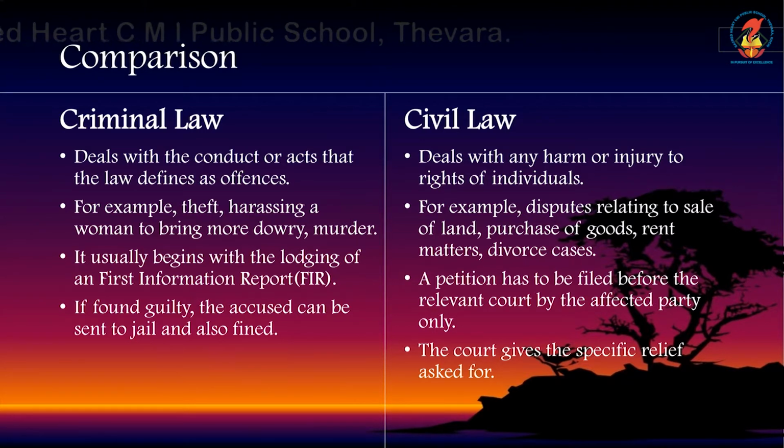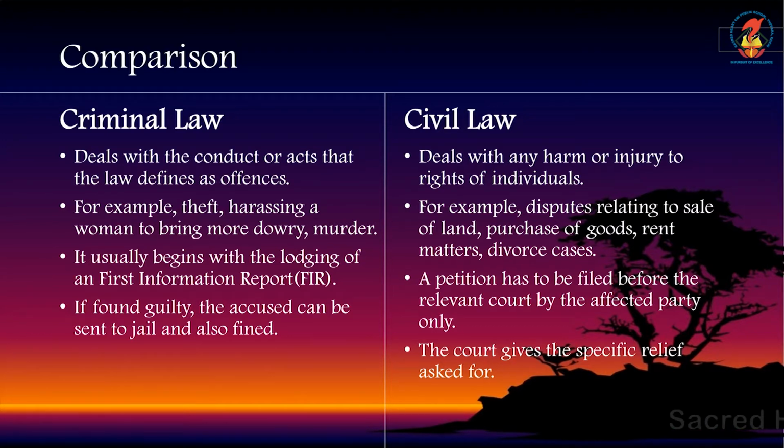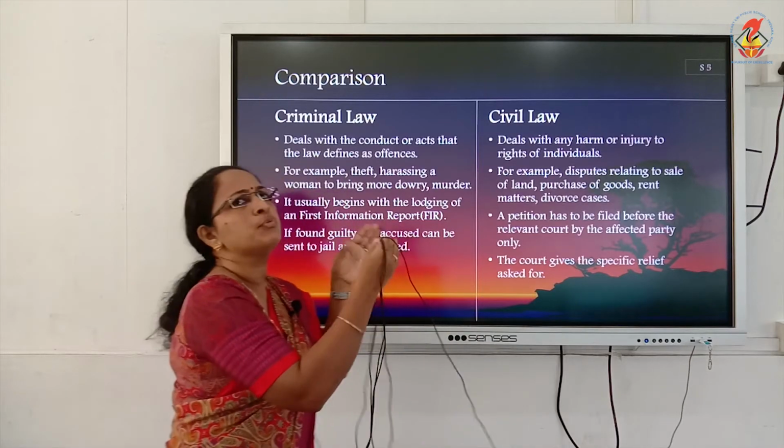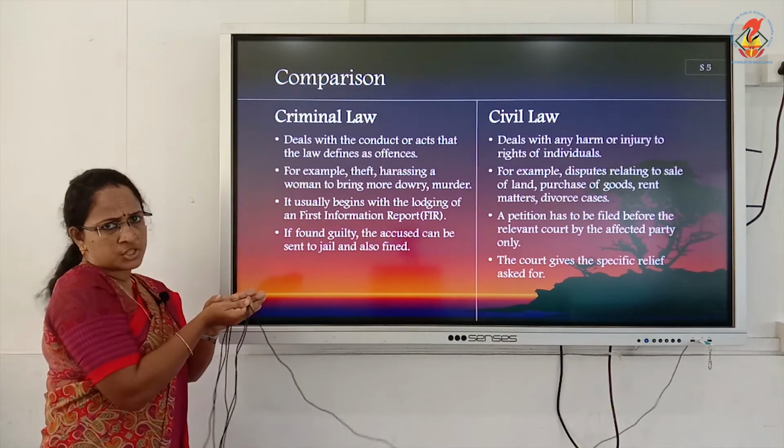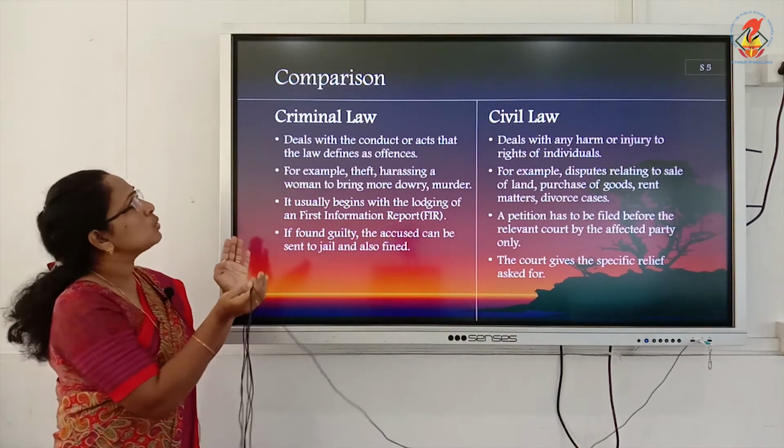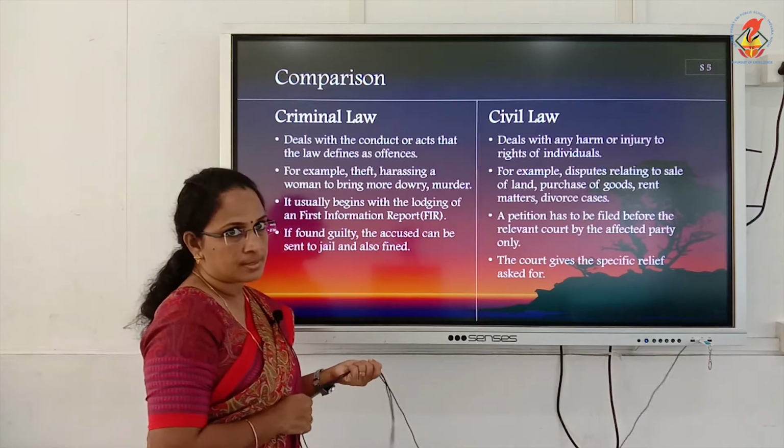Criminal law deals with theft, harassing a woman to bring more dowry, murder. Civil law deals with disputes relating to the sale of land, purchase of goods, rent matters, divorce cases.